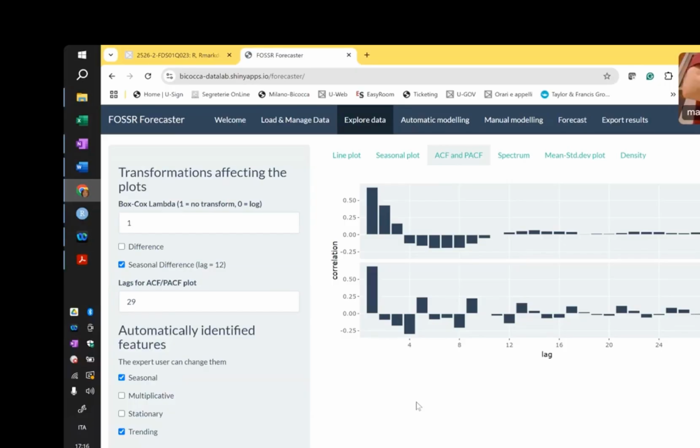In this case, for example, it looks like the length of the cycle is between, I don't know, 13 and 16. 16 is 4 years. The length of a business cycle could be 4 years, so why not? And then the autoregressive part seems to be equal to 1. Now, this is very clear compared to the other one. So we have the first lag of the partial autocorrelation function that is large.